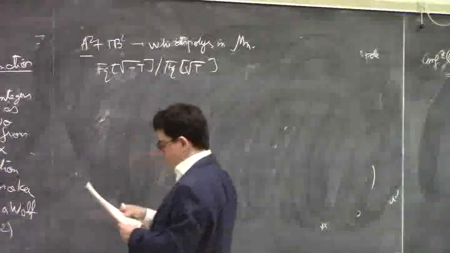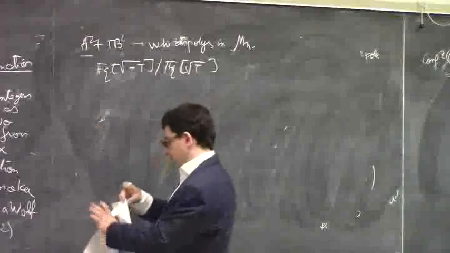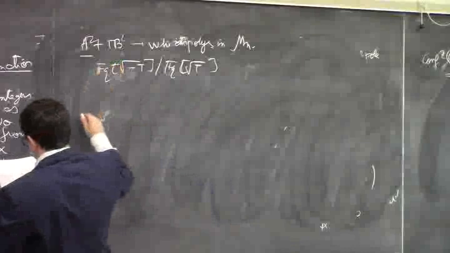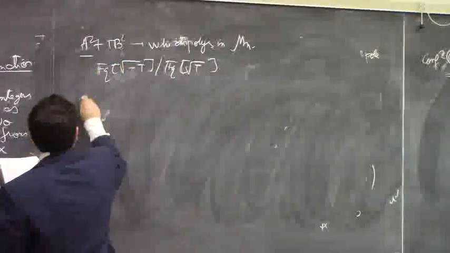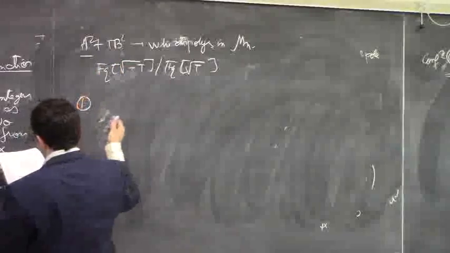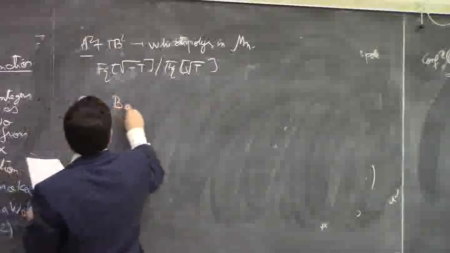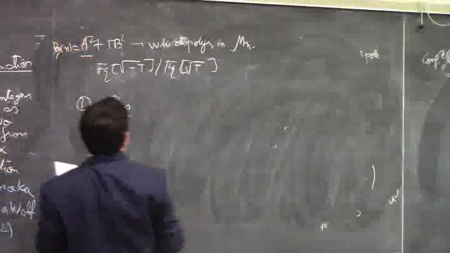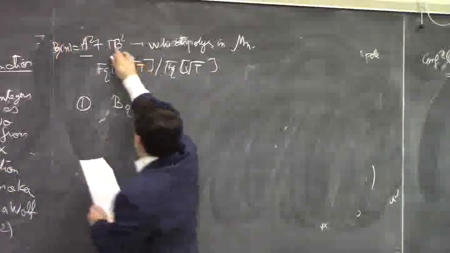Now the idea is that you get two types of results. Okay, so the first result is, let me write the analytic result. So their theorem 1, and the idea is let's call this number B_q(n). Okay, so this is the number of polynomials in M_n such that they can be written like this.